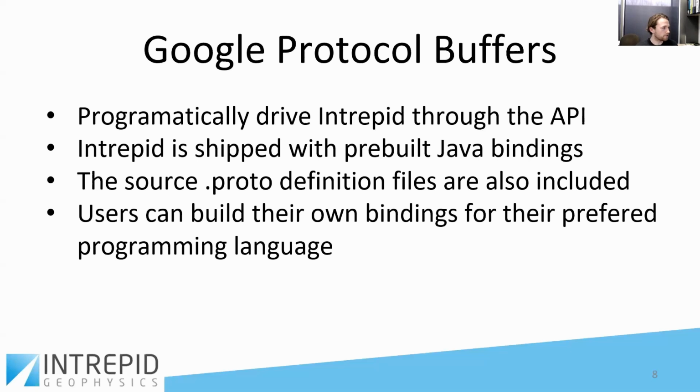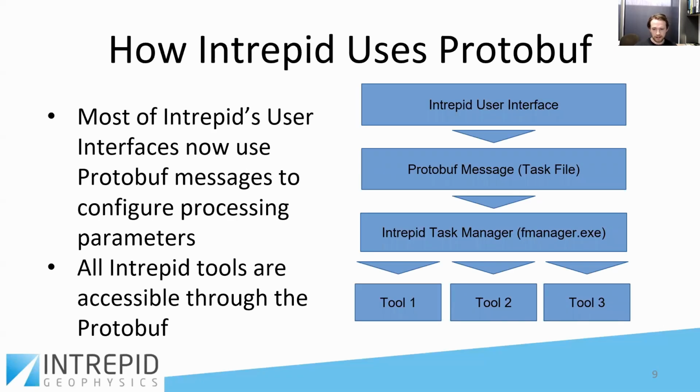So next we're going to move on to what might be more relevant, just how you use the task files within Intrepid. Basically, we have our user interfaces, and the user interfaces are what are generating the task files.